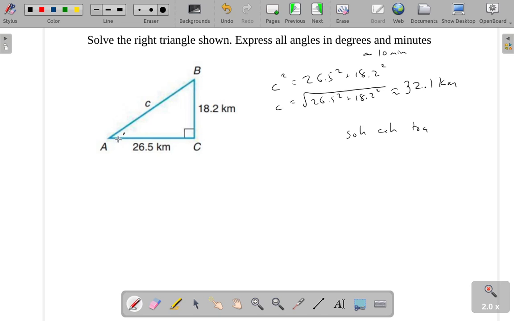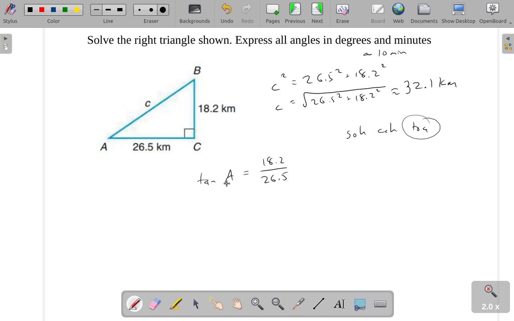If I'm trying to find this angle, this is the opposite, and this is the adjacent. In SOHCAHTOA, tangent is the ratio that involves opposite and adjacent. So the tangent of A, this angle right here, is going to be my opposite, 18.2, divided by my adjacent, 26.5.